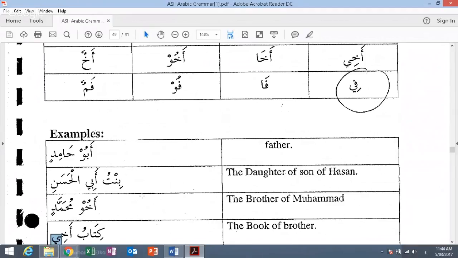Chain of idafa. Another example: maliki yawmiddin. Malik is mudaf, yawm is mudaf ilayh, but this is mudaf for ad-dini. This is the chain of idafa.